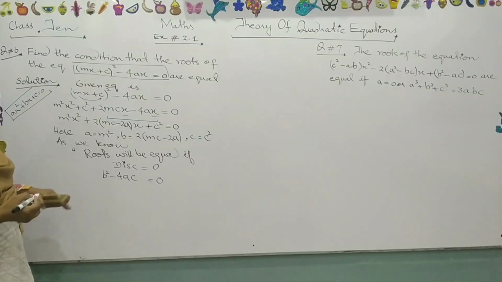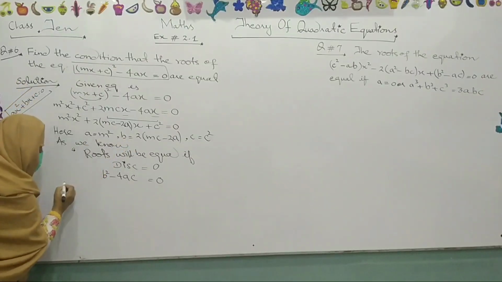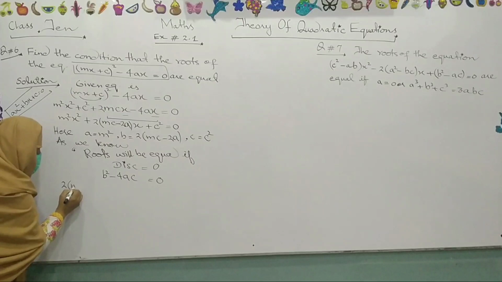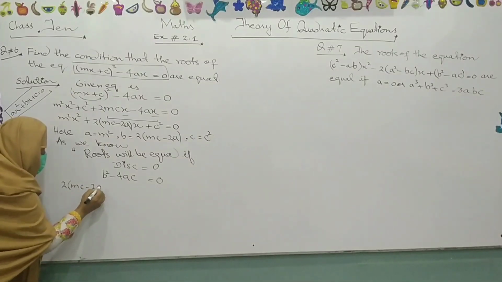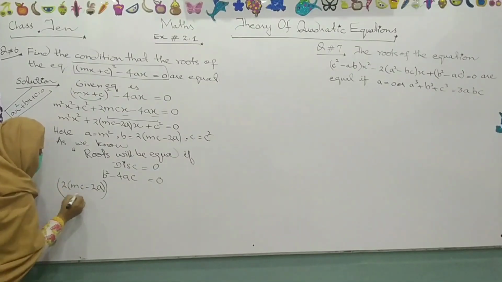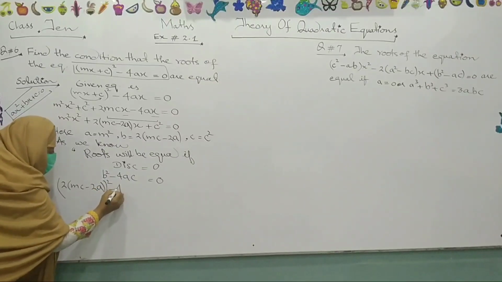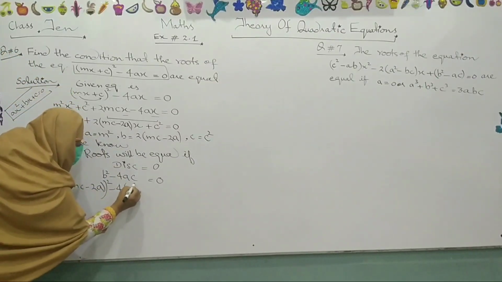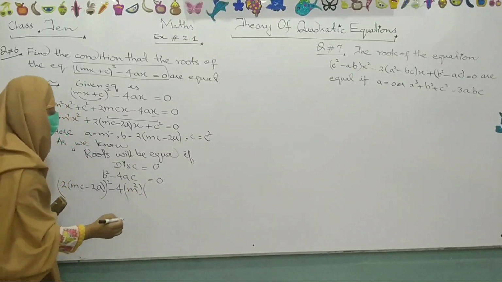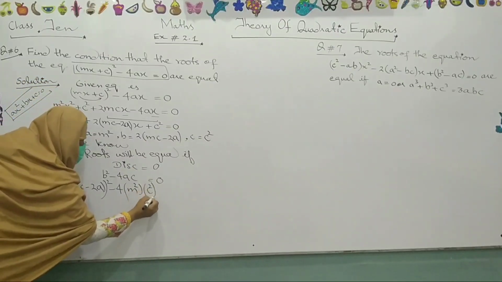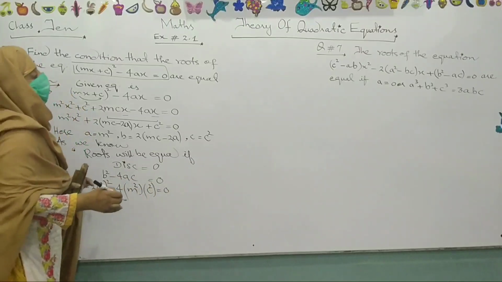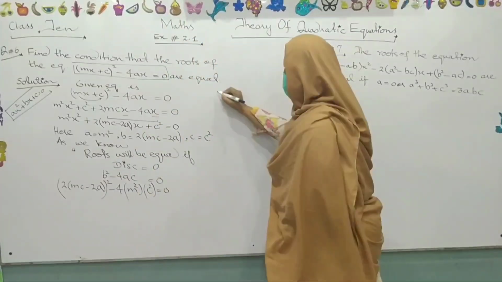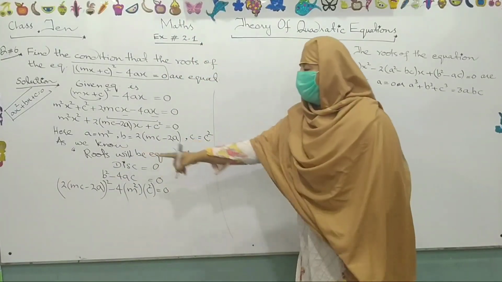Now I substitute values. What is b here? It is 2 times (mc minus 2a) whole square minus 4. What is a? a is m square. I will write here m square. What is c? c is c square. Now we solve it here. See students, open the square.